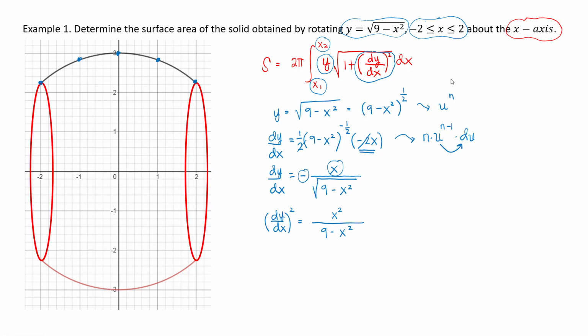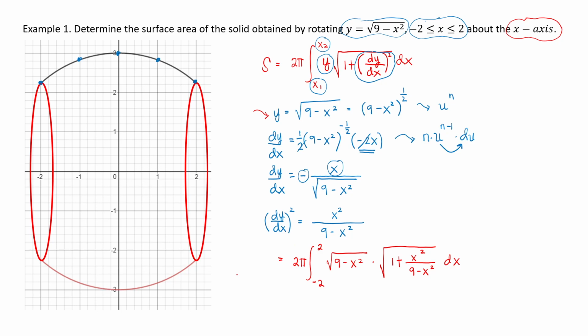So we're now ready to replace every term in the formula. This becomes 2 pi, from -2 to 2, and then the y parameter is square root of 9 minus x squared, times the square root of 1 plus x squared all over 9 minus x squared, dx.